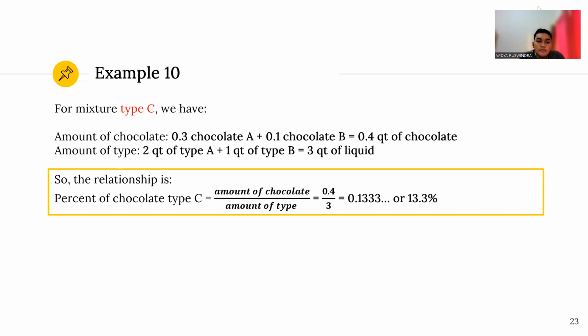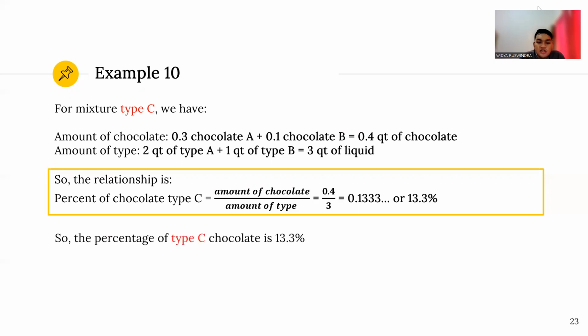So the relationship is: percent of chocolate in type C equals amount of chocolate per amount of mixture, 0.4 divided by 3, which equals 0.1333 and so on. Multiplying 0.1333 by 100, we get 13.3%.